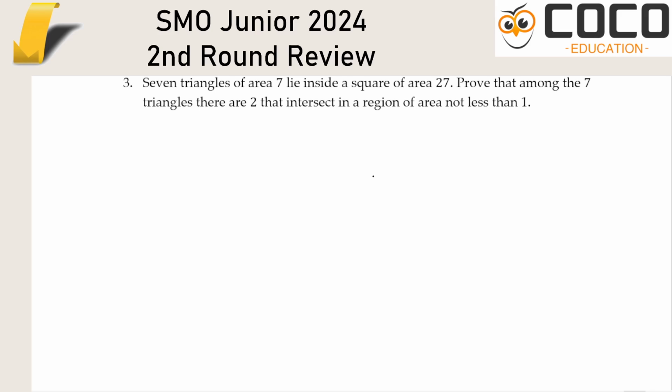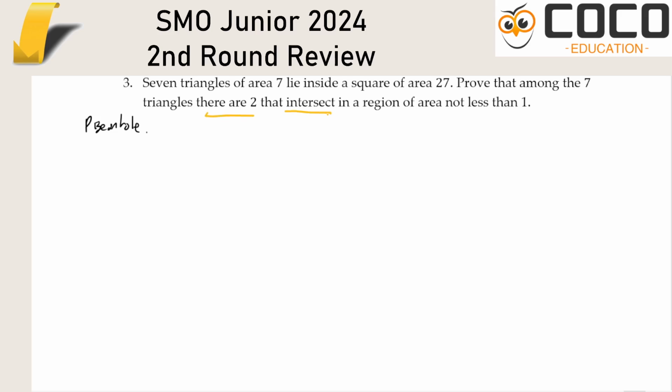Now on the flip side, I would say that this is clearly a pigeonhole kind of problem, because whenever there is something of the form, there are 2 that intersect, there are 2 that are the same. That is pigeonhole.